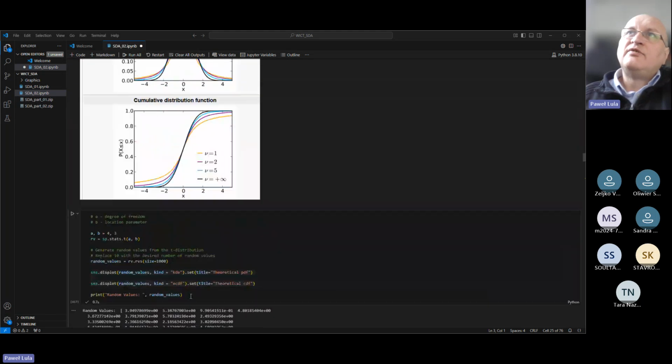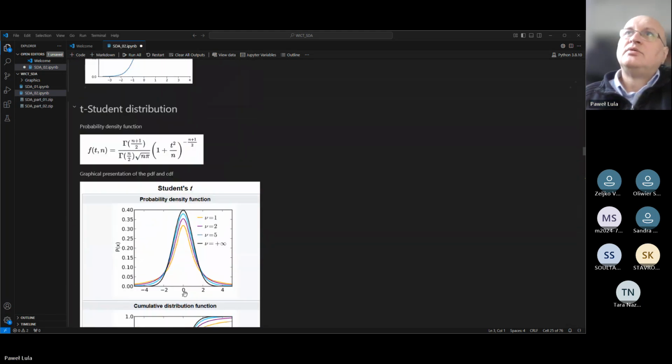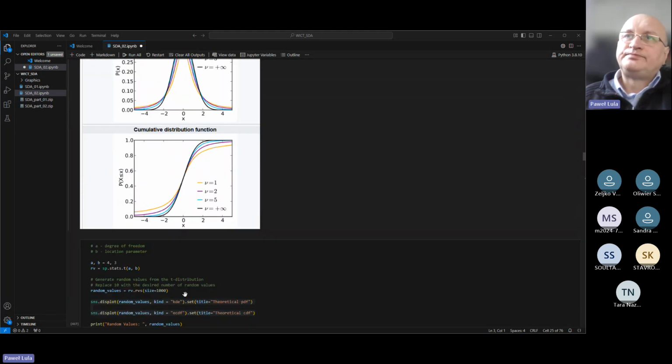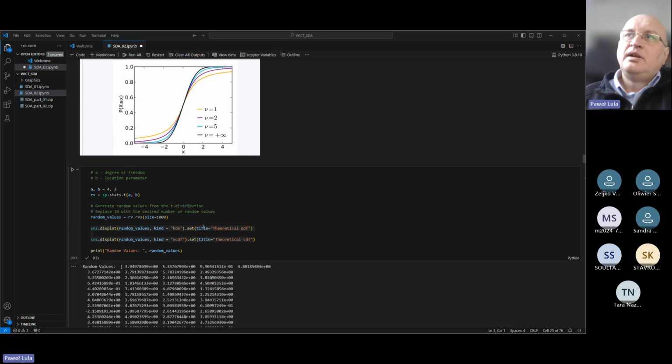How to generate values from this distribution? We have here two commands. The first command is for creation of the object defining this distribution.